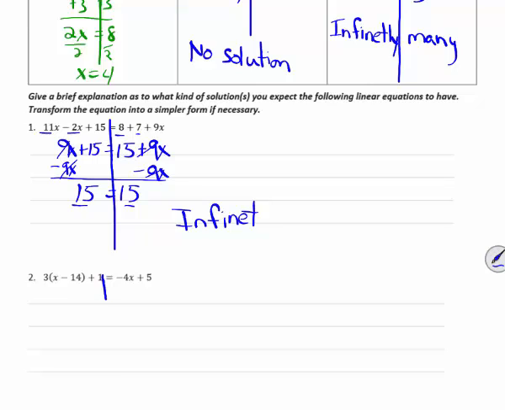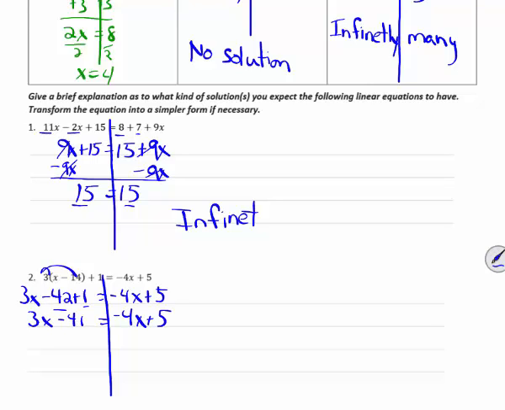This is really great practice for all of our steps for solving equations. I have to get rid of parentheses first. 3x minus 42 plus 1 equals negative 4x plus 5. I have to combine my like terms, negative 42 and 1, so 3x minus 41 equals negative 4x plus 5. I have to get my variables on one side. Plus 4x, plus 4x.